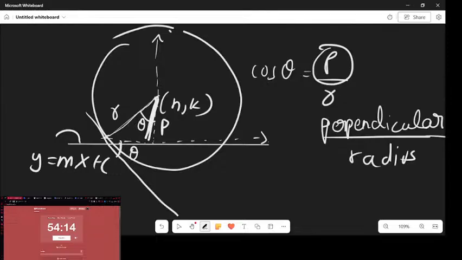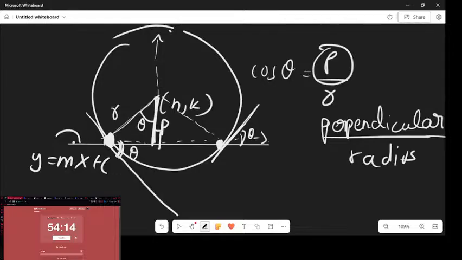This is the perpendicular distance, and this is the point of intersection of the line with the circle. It could be like this also, but we'll get the same theta.